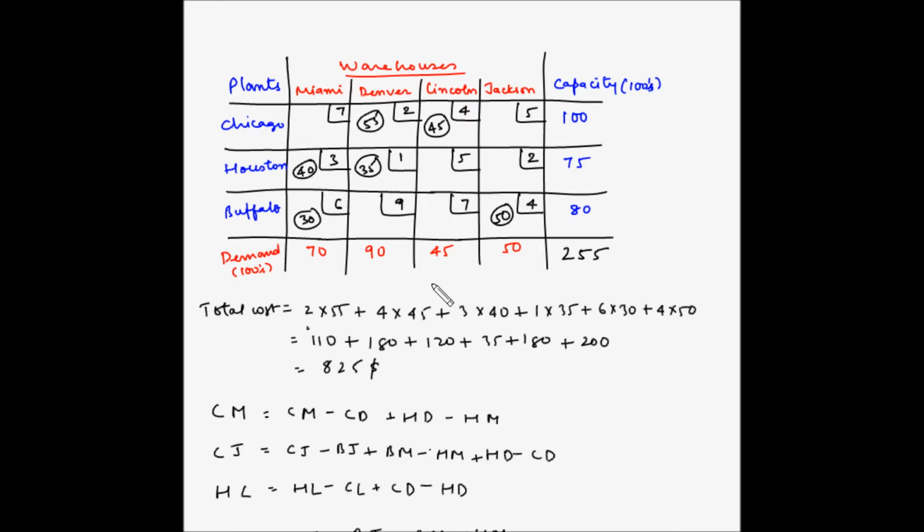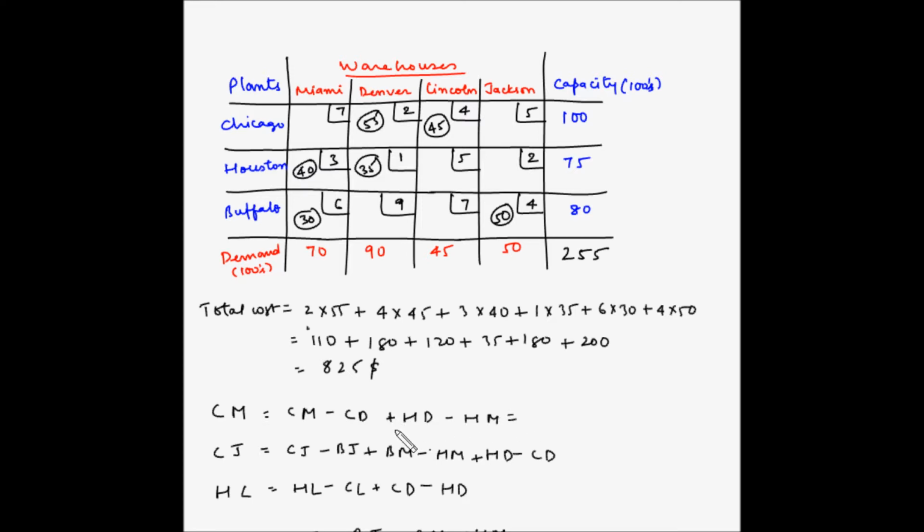Now let's find out the net cost change for each of these squares. The net cost change basically will give us whether by making allocation to these water squares we are going to be able to reduce the total transportation cost or not.